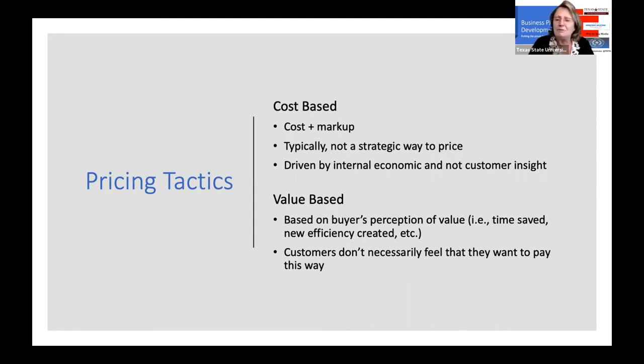Value-based. And majority, hate to generalize because I've been telling you not to do that, but most of the time we're going to see that value-based is where we want to be. It's based on that buyer's perception of value. What value do they get from using our product and service? Do they save time? Is it new efficiencies that are created? What is it?